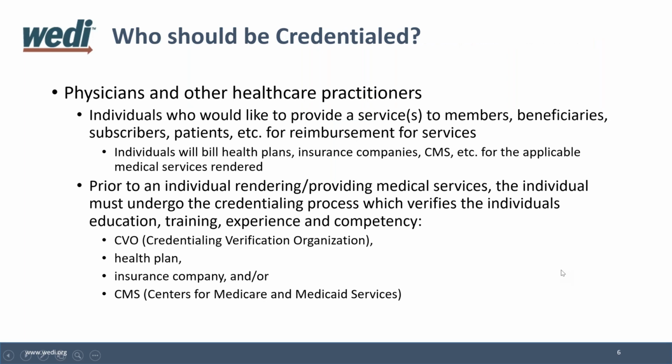A couple of other points I think are important when we talk about the who in credentialing: it could range from anyone in the industry. As I shared earlier, we have atypical providers. I used the construction company as an example, who contracts directly with state Medicaid to build those wheelchair ramps.